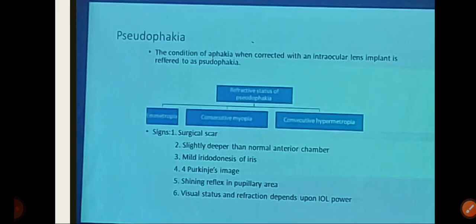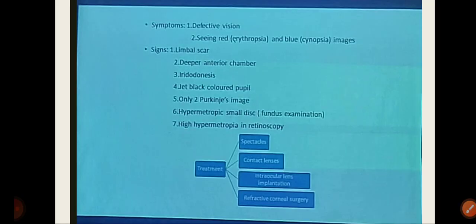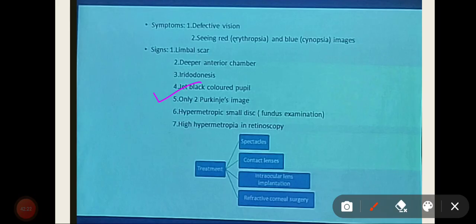Then a jet black colored pupil, and only 2 Purkinje images are seen. Normally 4 images are seen.